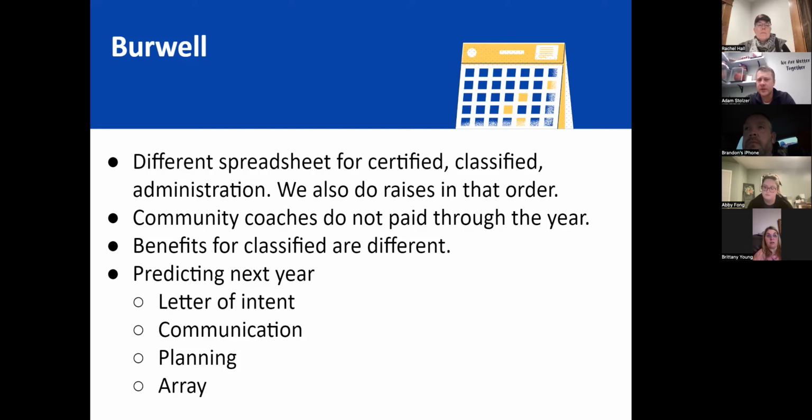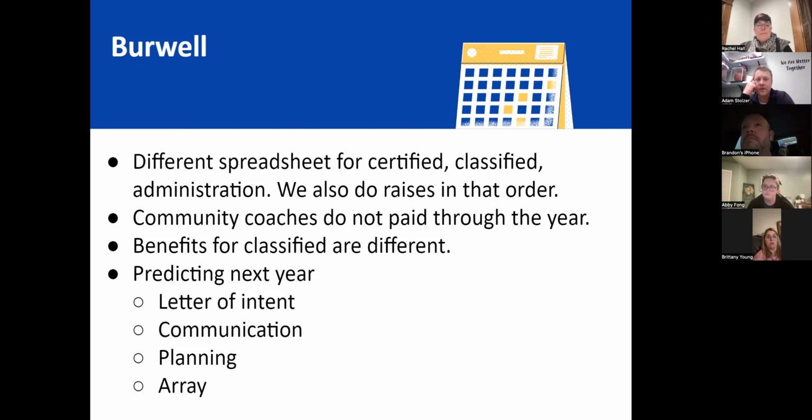And just helping to predict for next year, we use a letter of intent, just communication with our teachers and our union. Our union's really good about putting out if people are going to move up in advance. Administration having that, and it's easier at a smaller district where you pretty much know who's taking classes or who isn't.